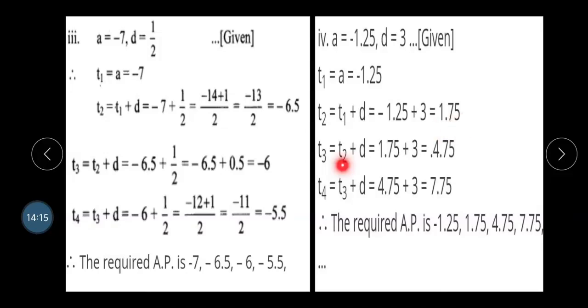Third term equals second term plus the difference, that is 1.75 plus 3, we will get 4.75. Fourth term, third term plus the difference, we will get 4.75 plus 3, that is 7.75. Therefore, the required AP is minus 1.25, 1.75, 4.75, 7.75.